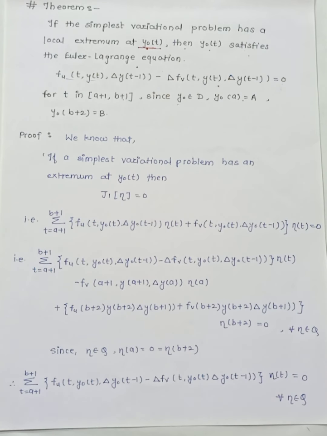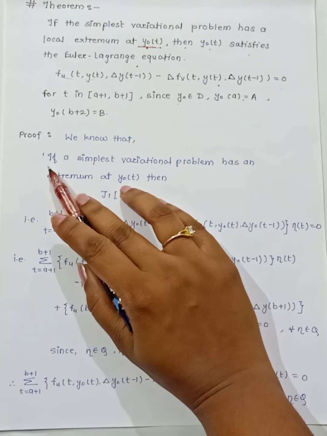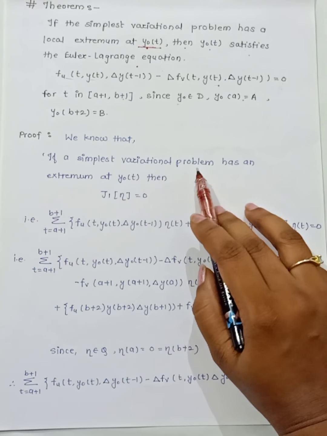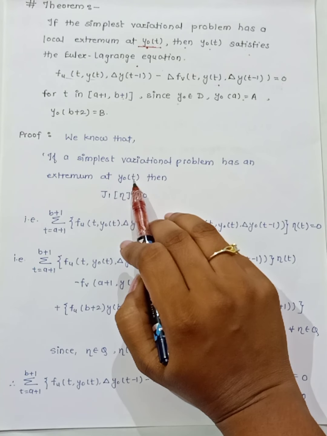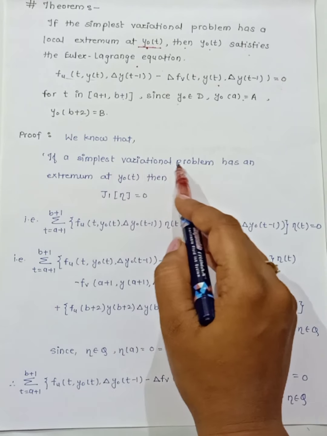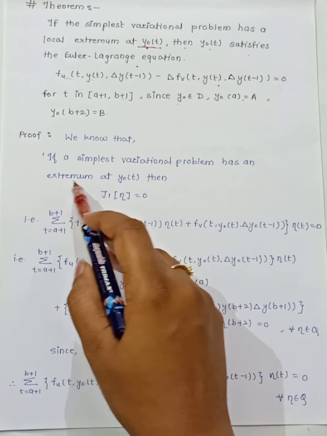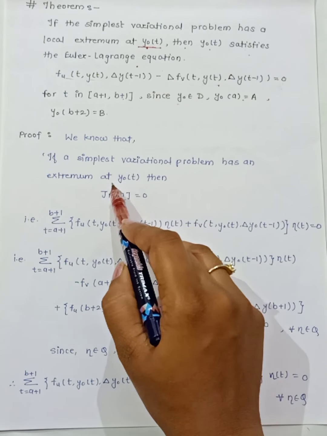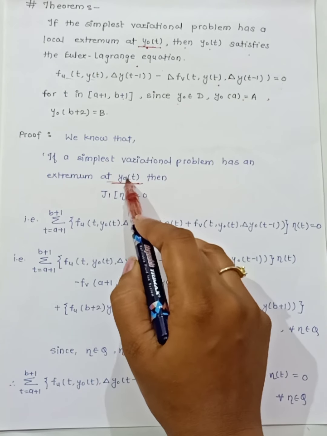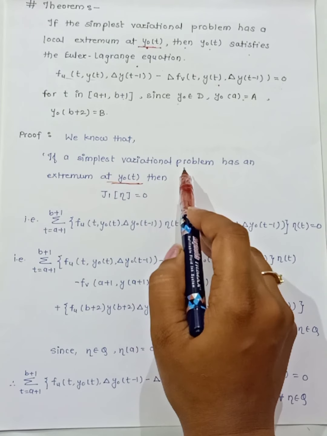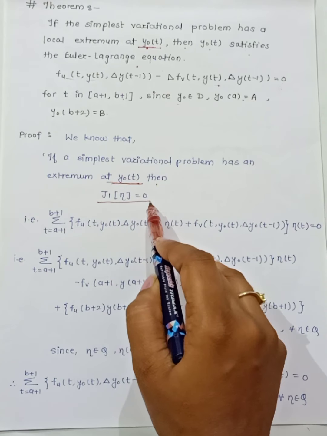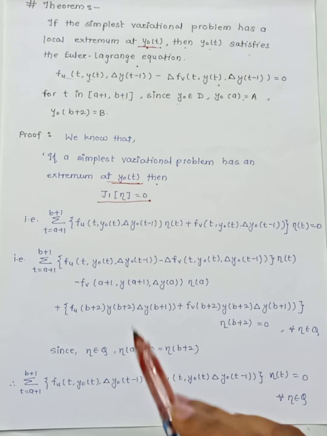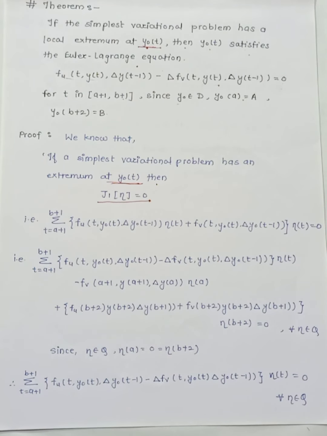We know that if a simplest variational problem has an extremum at y0 of t, then we can write J1 of eta equals 0. We have seen this in the last theorem.